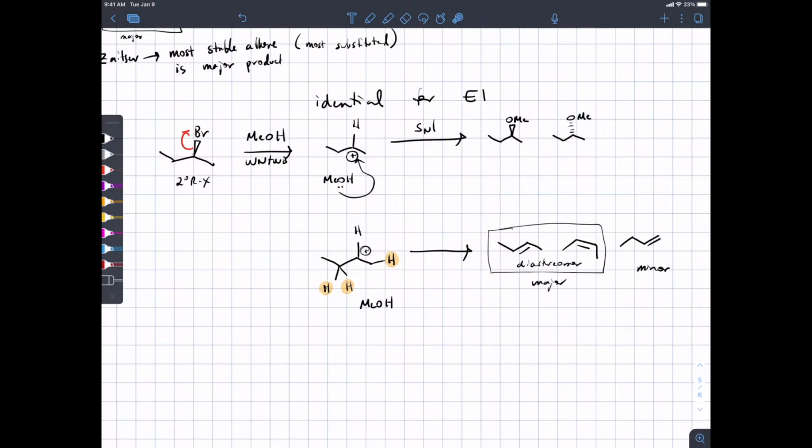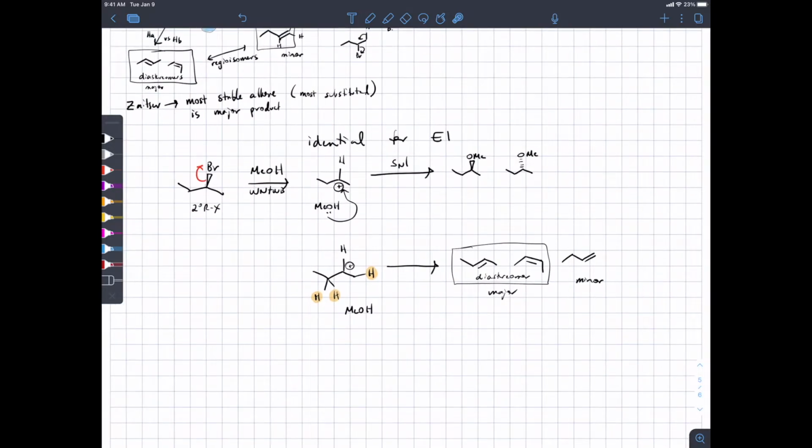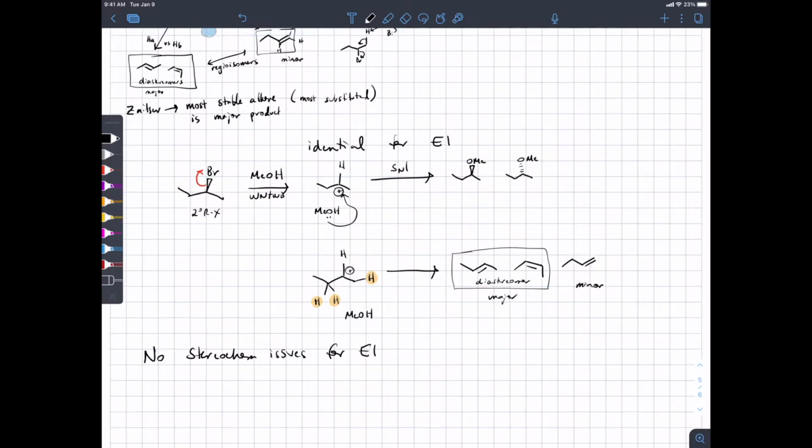Now somebody asked, this deal with the proton being anti to the leaving group, does it matter for E1 once the leaving group is gone? And the answer is no. So we're going to say there are no stereochemical issues to keep track of for the E1 reaction.